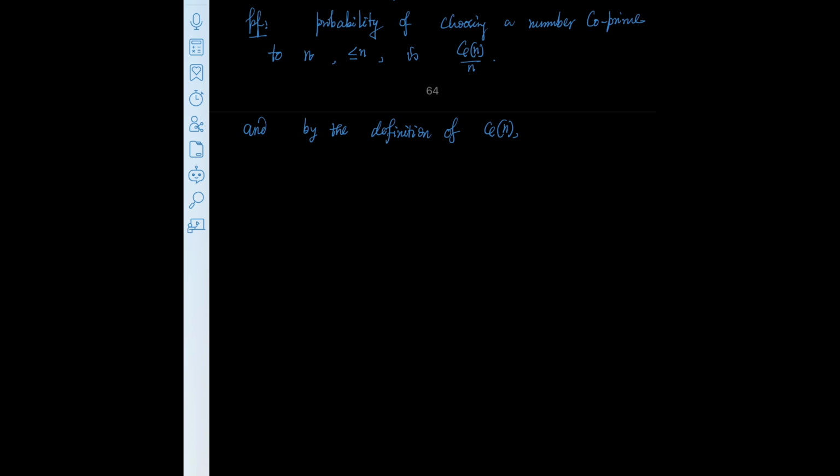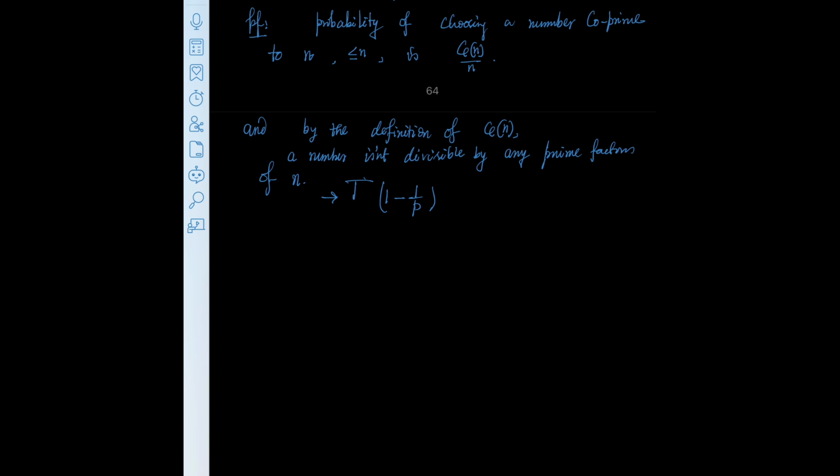So by definition of phi n, every number you choose between 1 and n which has GCD 1 with n, co-prime to n, means it is not divisible by any prime factor of n. So what is the probability of that? The probability that it is not divisible by a prime p is 1 minus 1 by p.